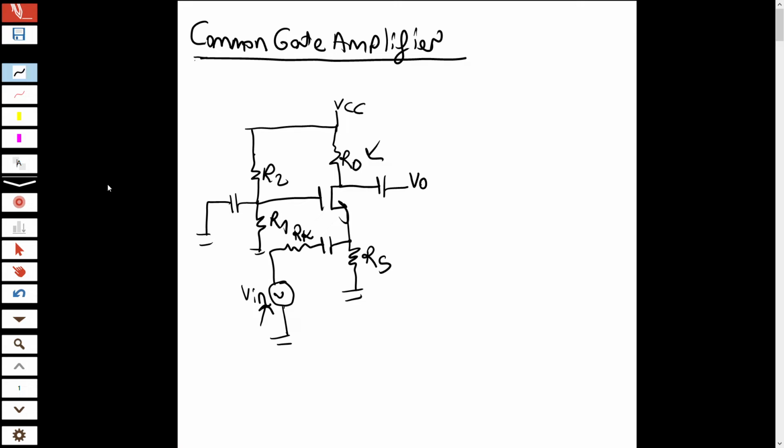Let's first make the DC analysis. Capacitors will be open circuit, so there will be no current passing through these sides.